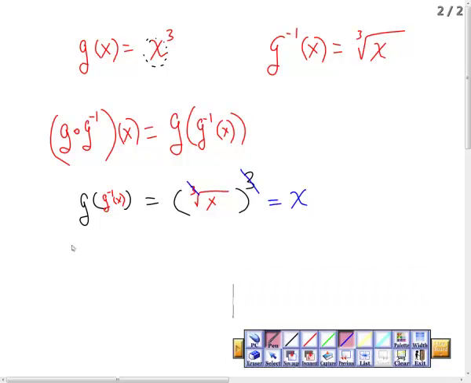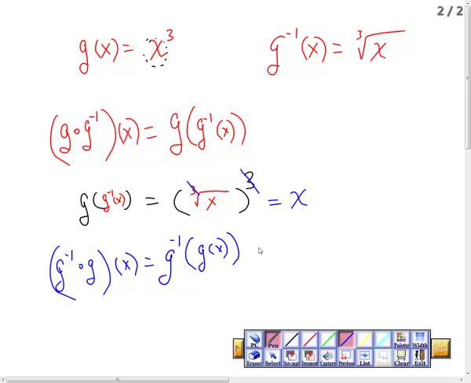And so if we did the same thing with the inverse of g of x, so that'll look like this, basically we're taking the inverse and we're cutting that x out.